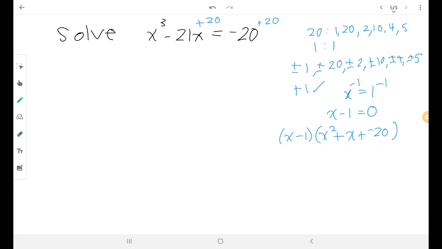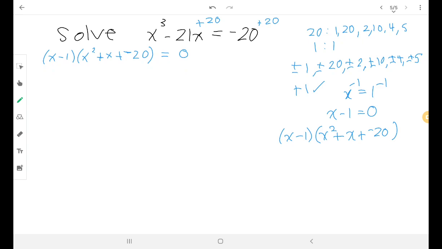So here's what we've got now. We've now got that x minus 1 times x squared plus x plus negative 20 equals 0.